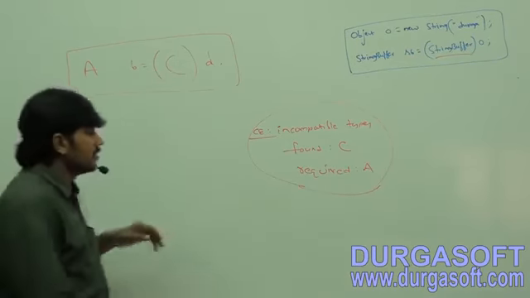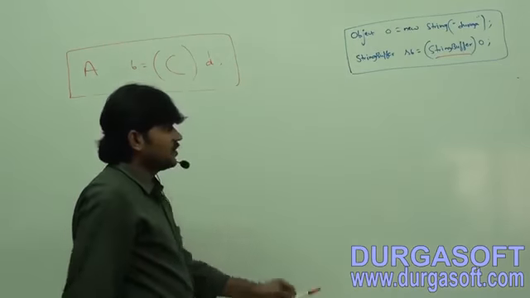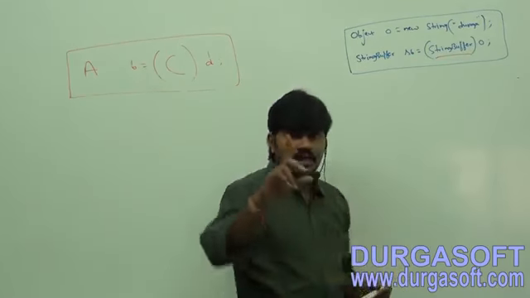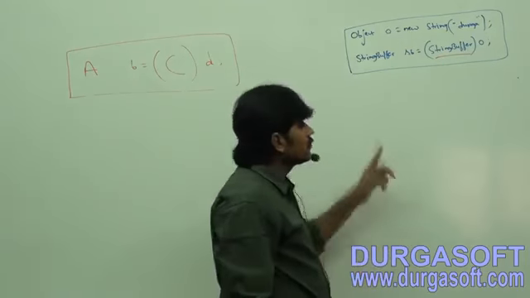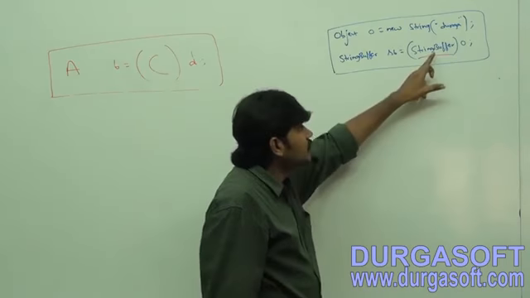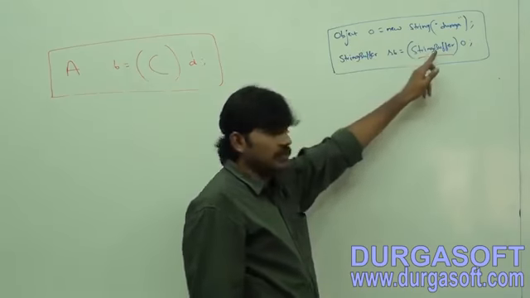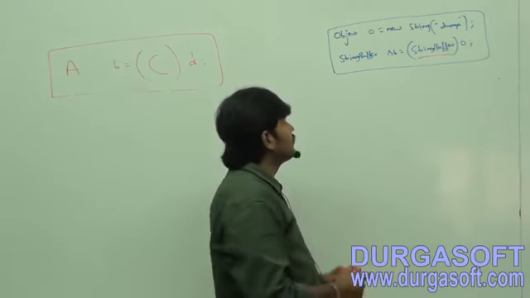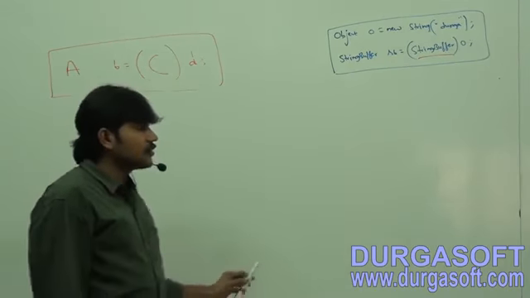Next, example 1. Here just observe: is the rule satisfied or not? First rule: the type of D, Object and StringBuffer have a relation. Second rule: StringBuffer is the same or a derived type of StringBuffer, it was the same. That's why there is no problem at all, it is valid. Write example 1: Object O is equal to new String of Durga.